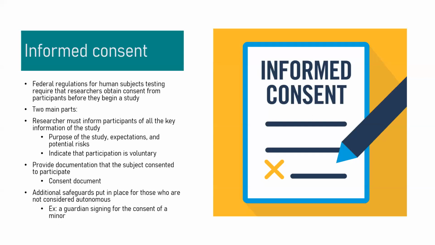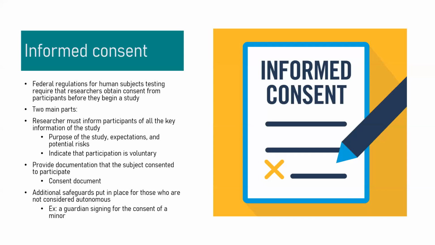For participants who are not considered to be autonomous, such as children or, like we said earlier, prison inmates, any additional safeguards should be set in place to ensure that they are able to consent to the best of their ability.